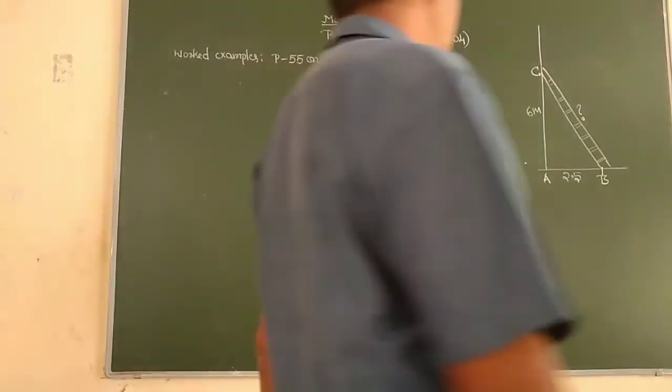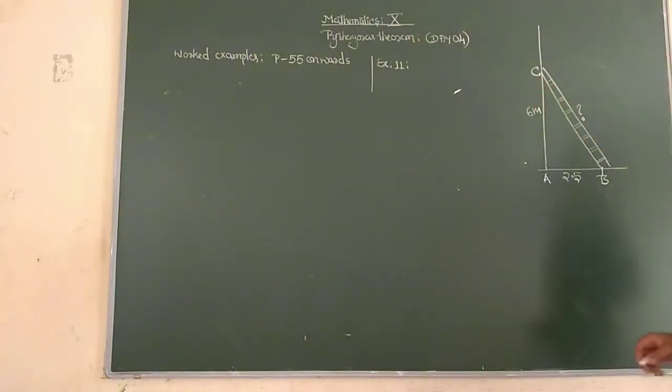So the question is now, we have a ladder. The ladder is placed against a wall. The foot of the ladder is 2.5 meters away from the wall.